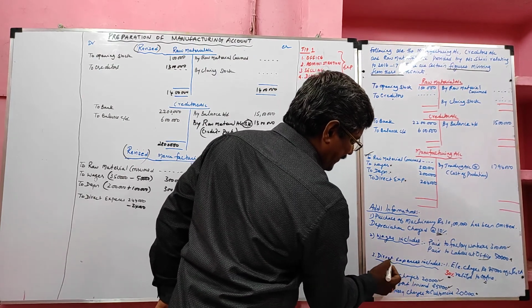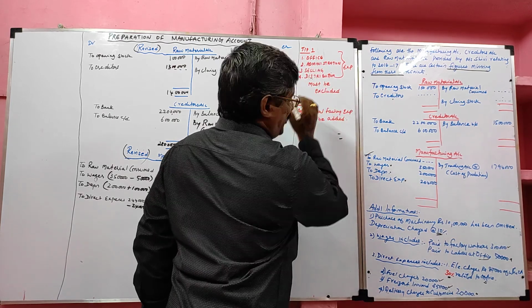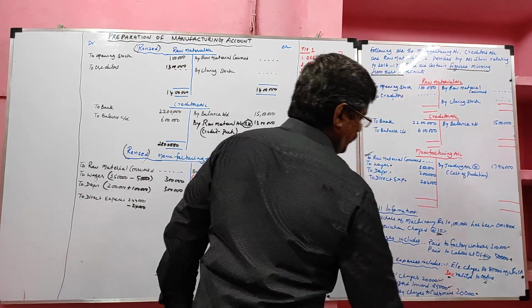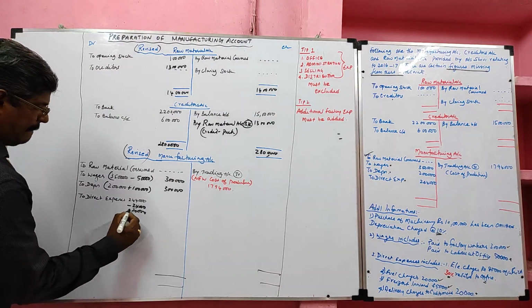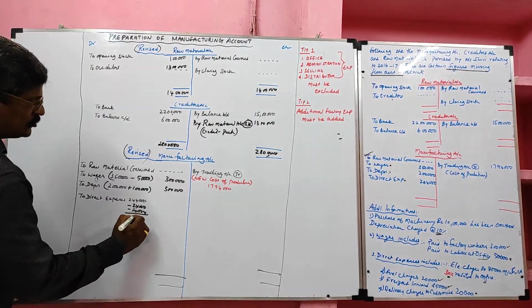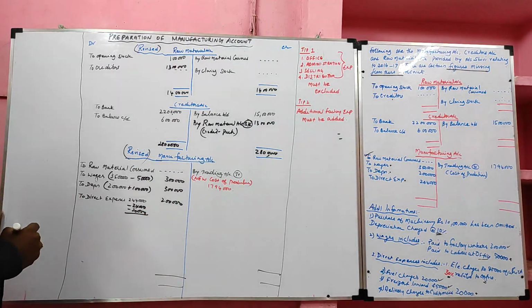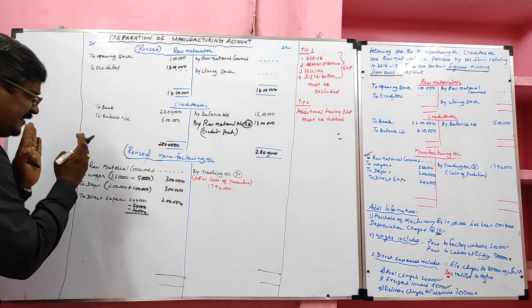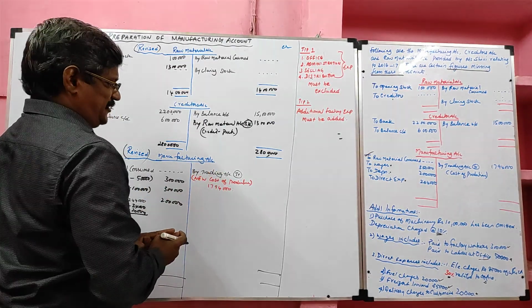Freight inward is correctly recorded in the direct expenses. Delivery charges are a distribution expense. It should be excluded. How much? 20,000. So after deducting these two, we'll get how much? 2 lakh.